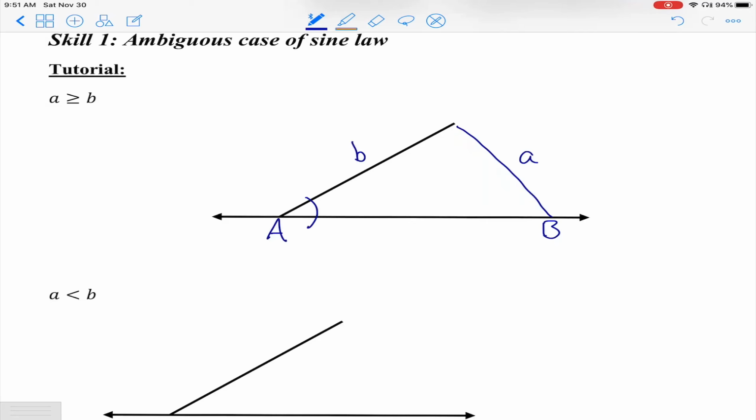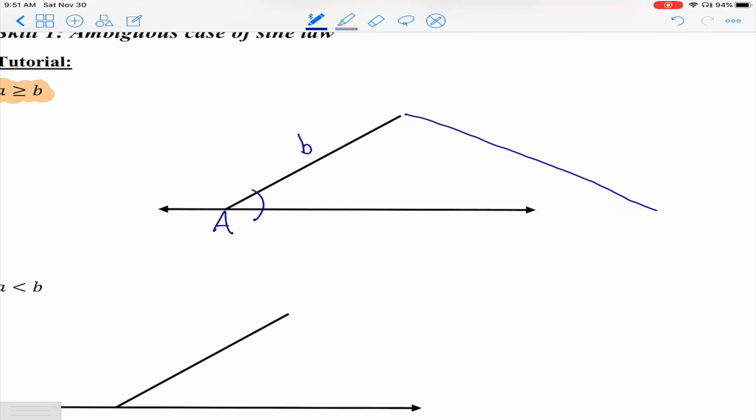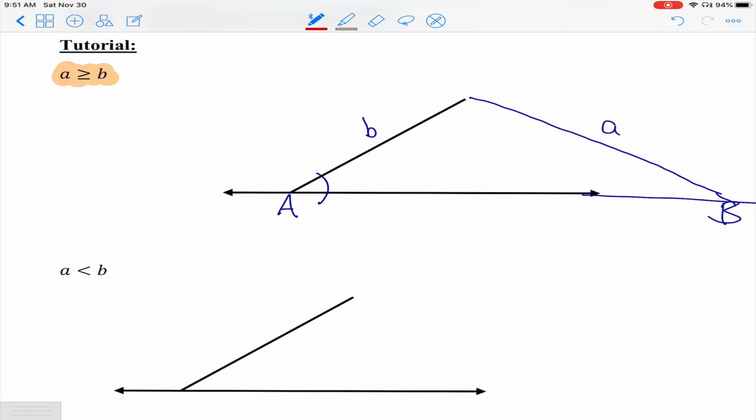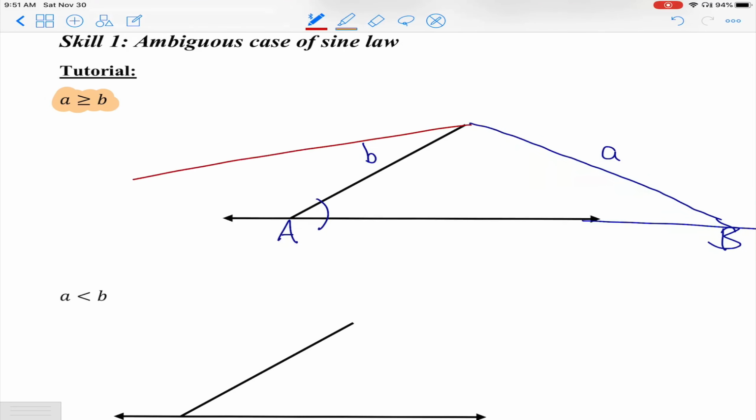There are two cases as umbrella cases. What I mean is that the first case is A being greater than or equal to the other side. So the opposite side is greater than the other side. In this case, if I draw it, let's say long enough like this, then we do have a triangle, and as we can see, A is definitely greater than B. Maintaining the angle A, there is no other way that I can create this triangle with an acute angle A unless I change the direction of the side A to the other side.